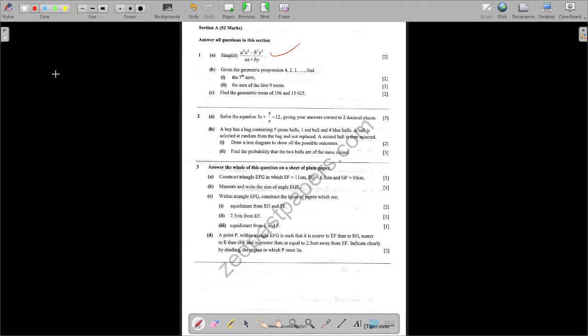So this expression is a difference of squares in the numerator.